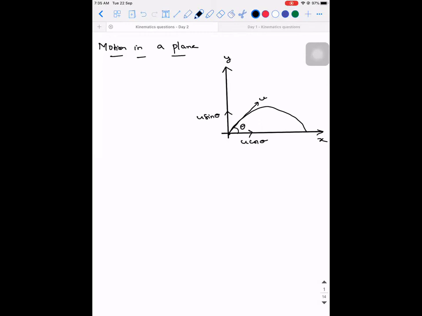If I ask you to speak about the physics behind this particular concept, what will you say? The object is projected from point O, it reaches the maximum height, then what will happen to it? It retraces the same path. How do you know it retraces the same path?